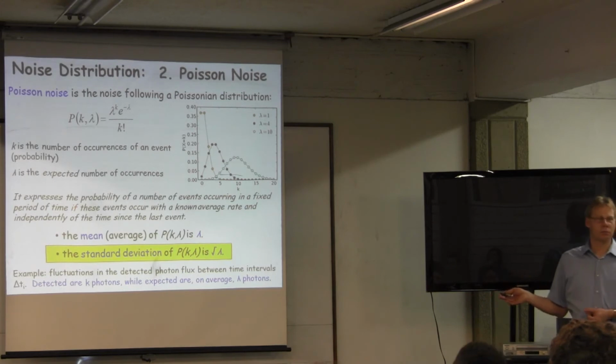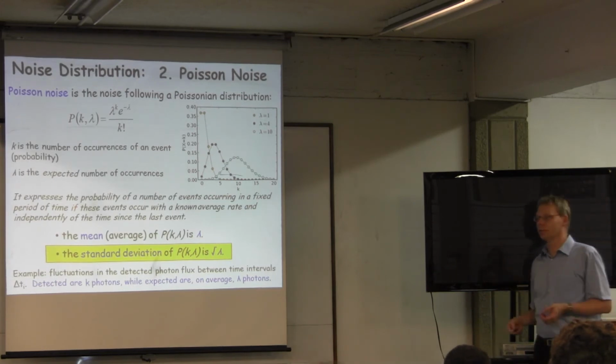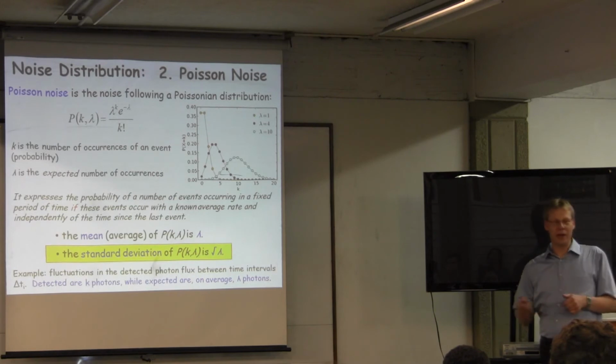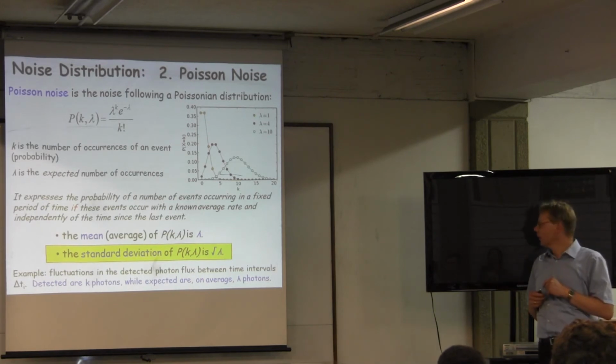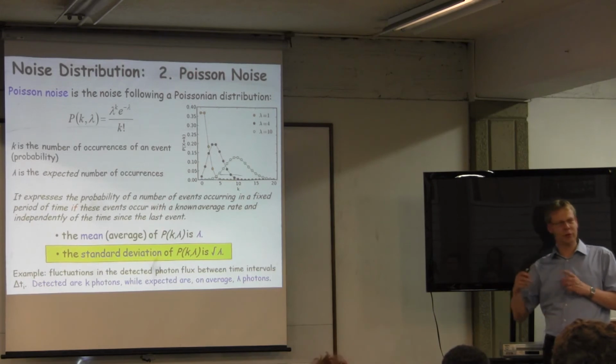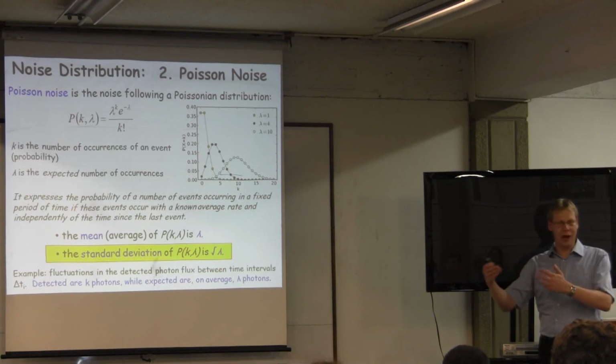Then the noise is simply the square root of the number of photons that you've detected. Let's say you had a star, you get some 100 photons or 100 counts on your detector, then you know that according to that statistics there is an average noise of 10 counts.